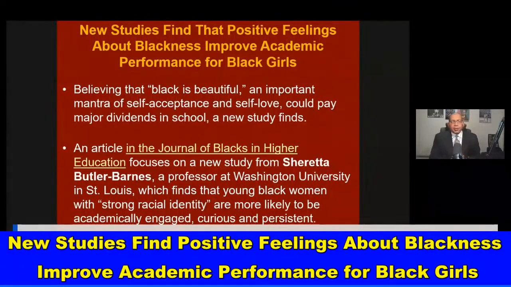This study right here deals with how positive feelings about blackness improve academic performance for Black girls. This is why this type of information is so important, not just for African Americans, but also for our youth. Believing that Black is beautiful, an important mantra of self-acceptance and self-love, could pay major dividends in school, a new study finds.